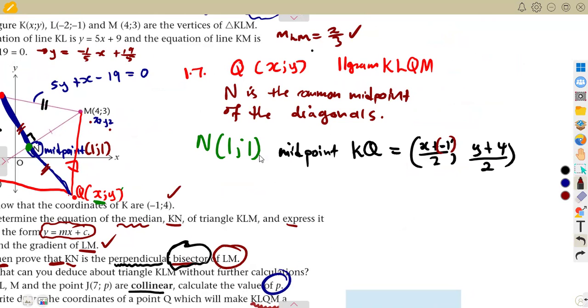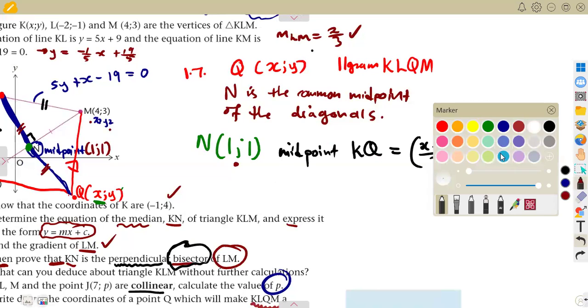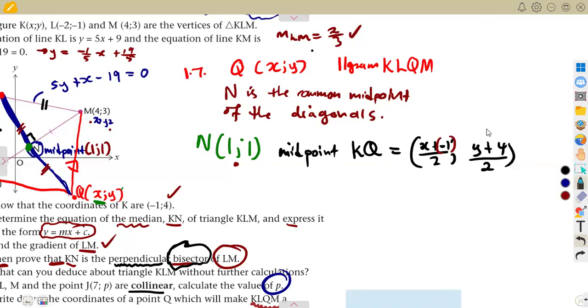The same midpoint is the same as this one because we said it is the common midpoint. So if I can write the same midpoint in terms of x and y like this, and I want to calculate the value of x and the value of y, I can simply equate the x values and the y values.